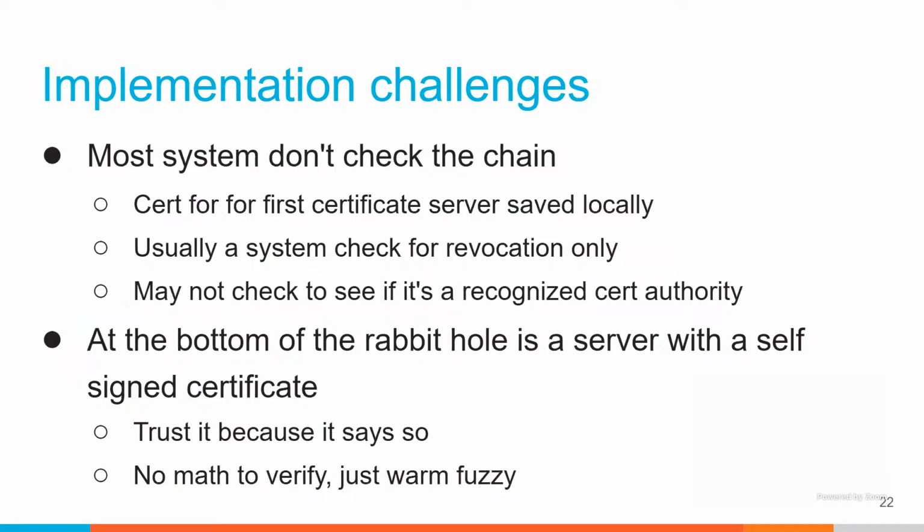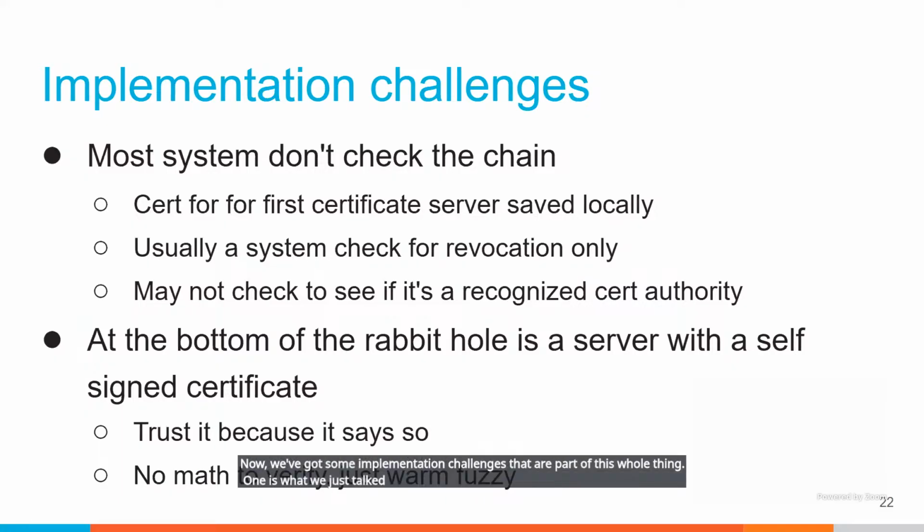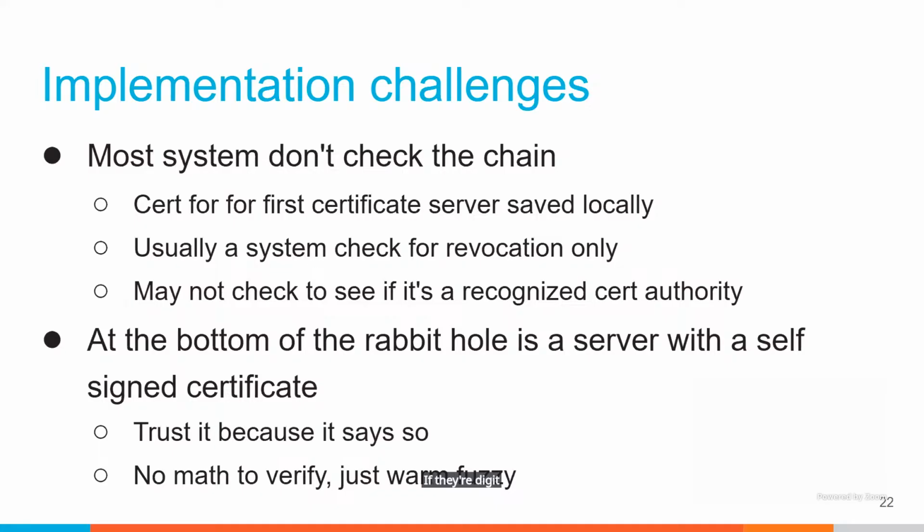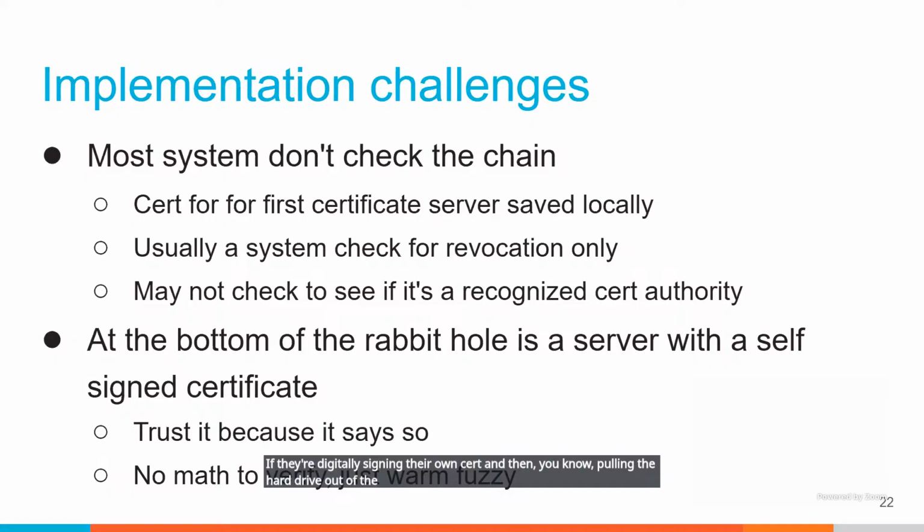Now, we've got some implementation challenges that are part of this whole thing. One is what we just talked about. That last server, warm fuzzy, right? If they're digitally signing their own cert and then pulling the hard drive out of the system and then locking it in a bunker 50 feet under the ground with lasers and nuclear trip bombs and rats running around that are armed with Uzis, okay, that might be a fairly secure system, right?